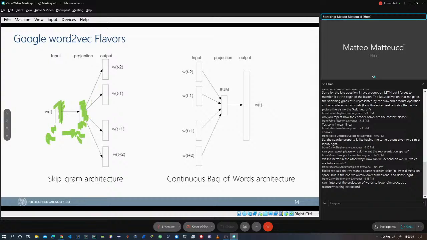And then from this projection, try to predict all the surrounding words. When you converge, this is the representation of this word because it encodes all the surrounding.